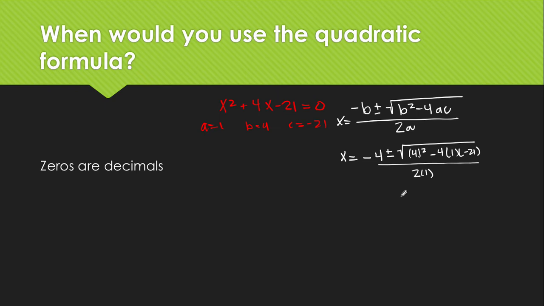Now let's simplify it step by step. So let's figure all this stuff out inside the square root symbol. So 4 squared is 16. So x equals negative 4 plus or minus the square root of 16 minus 4 times 1 times negative 21, all divided by, let's just go ahead and multiply 2 times 1, 2.